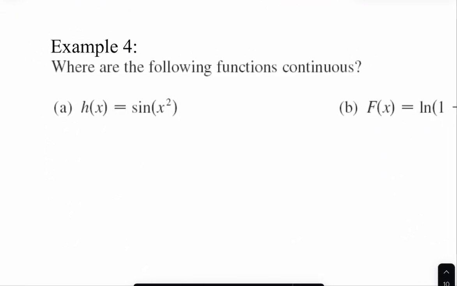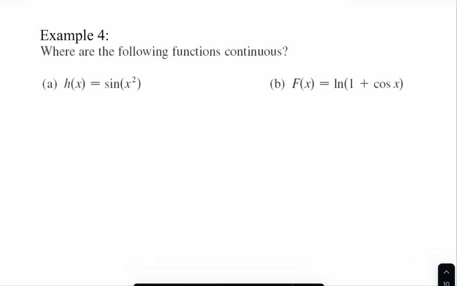Let's look at this one. It says, where are the following functions continuous? Well, the composition of two continuous functions will continue to be continuous. Anyway, this is the function. We'll call that g of x.